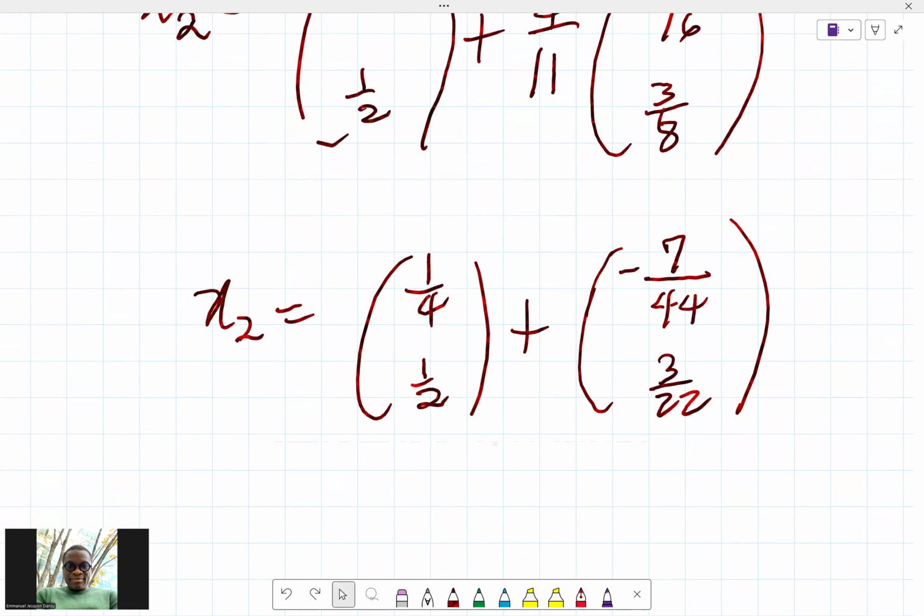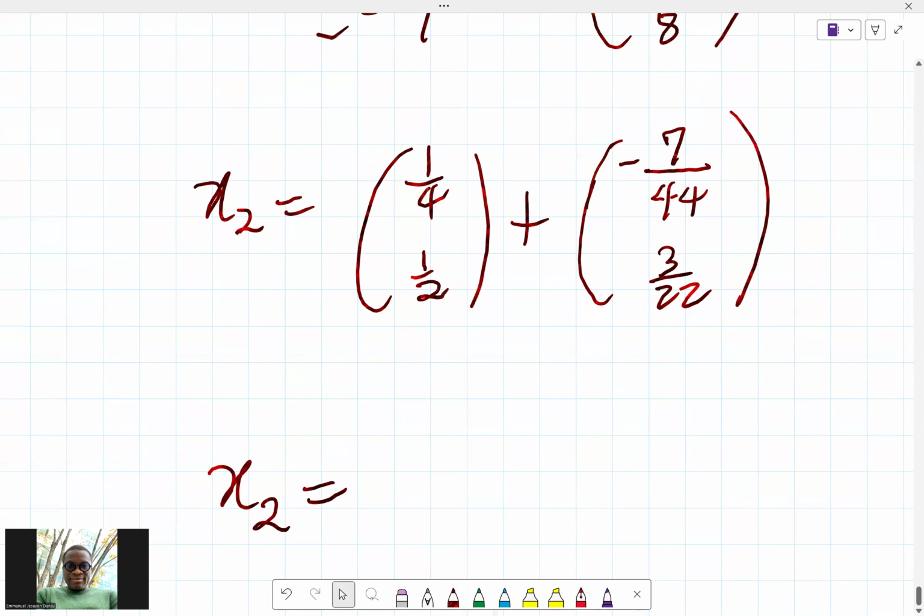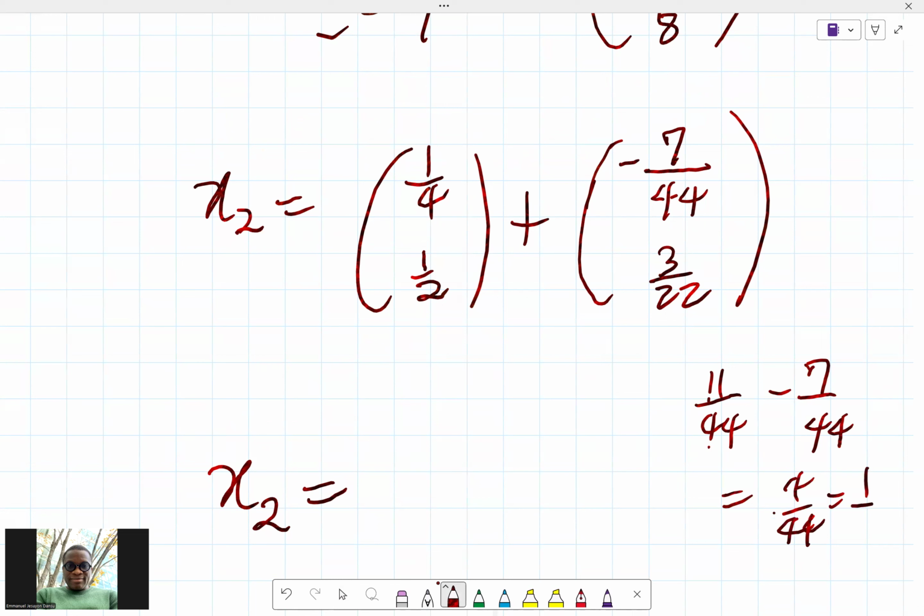Yeah, thankfully, I can just get x2 and just go to Python. So 1 over 4 plus 1 over 4 minus 7 over 44. So 1 over 4 is like 11 over 44 minus 7 over 44. So this is like 4 over 44, which is 1 over 11.